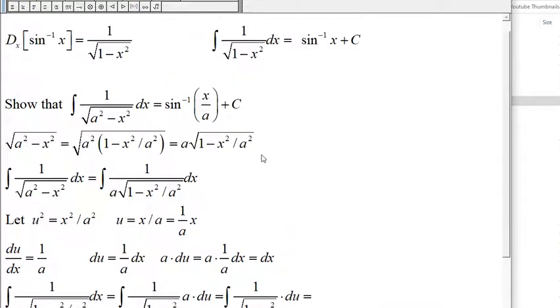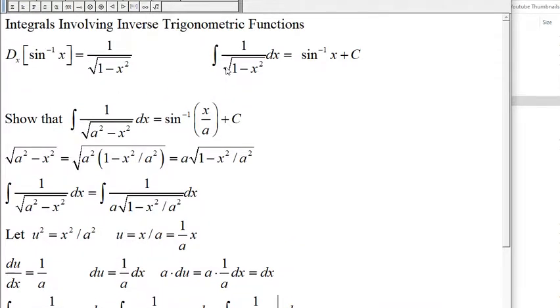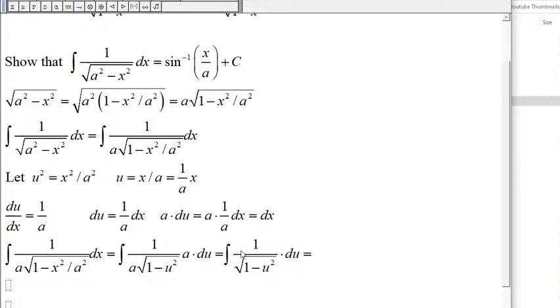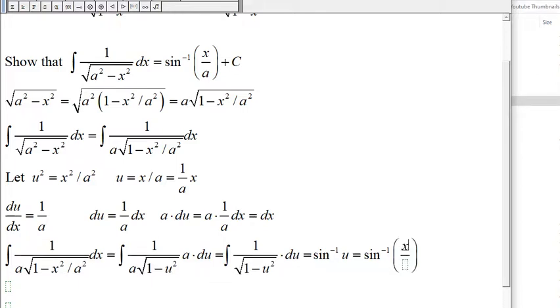Up here, the integral of 1 divided by the square root of 1 minus x squared is sine inverse of x. And therefore the integral of 1 divided by the square root of 1 minus u squared will be sine inverse of u. And this becomes sine inverse, but u is x over a, and then plus c.